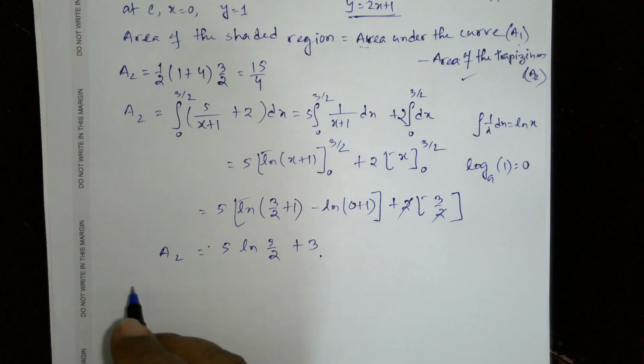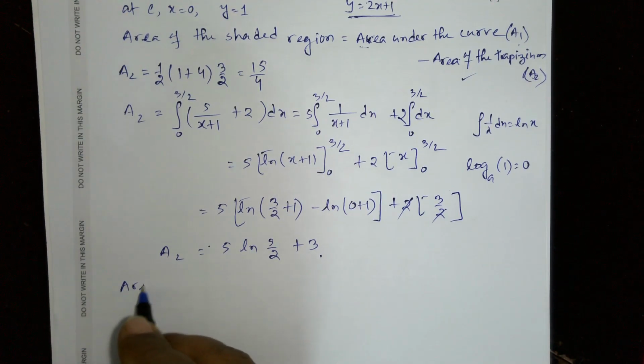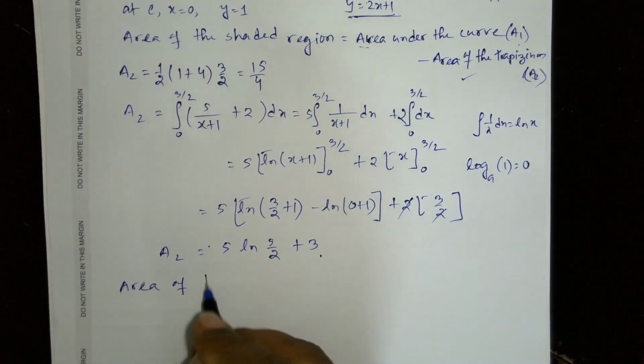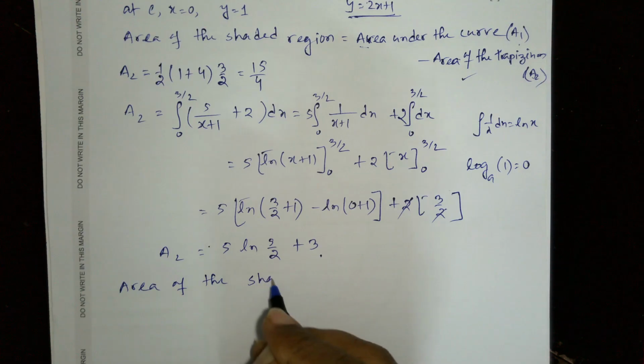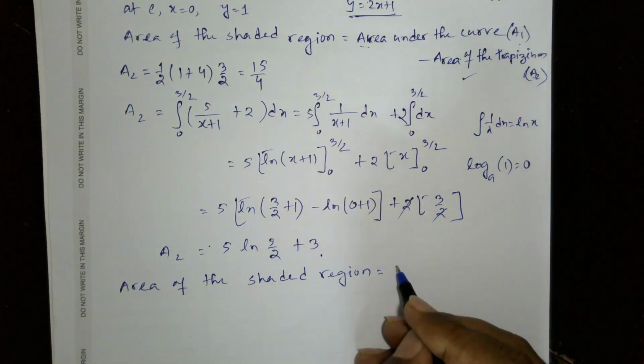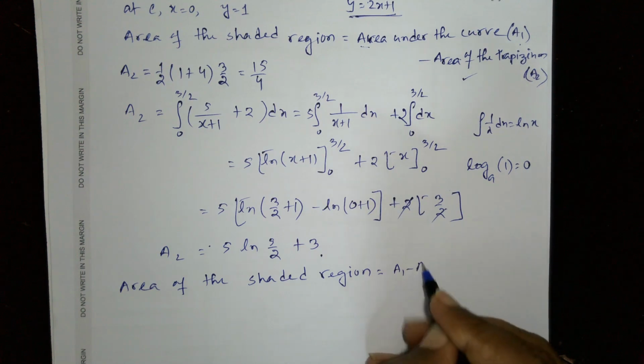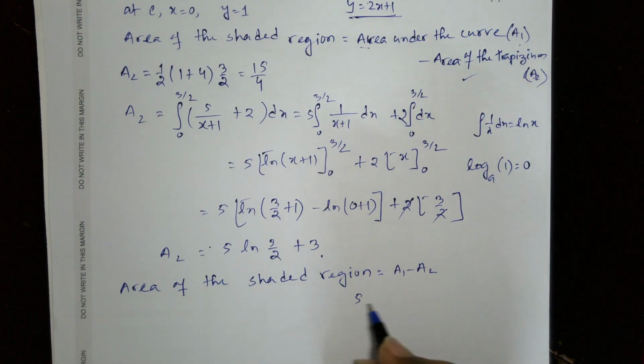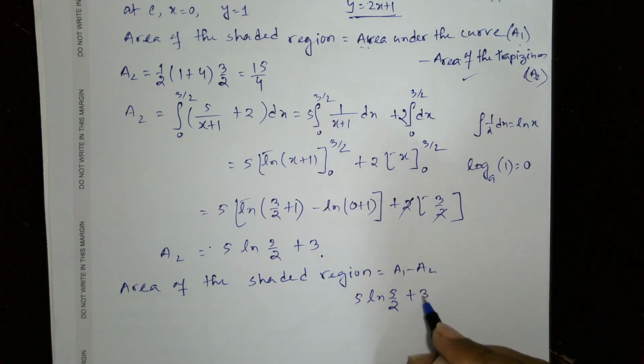And now the area of the shaded region equals A1 minus A2. So 5 ln 5 over 2 plus 3 minus 15 over 4.